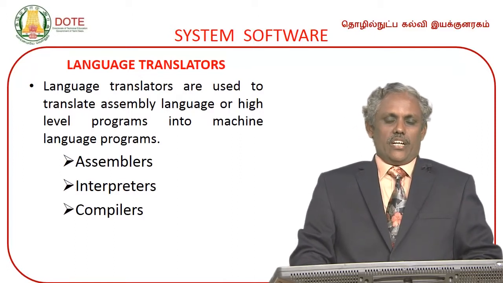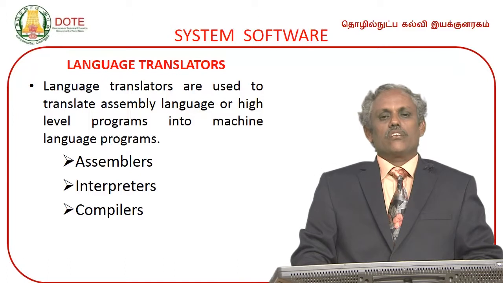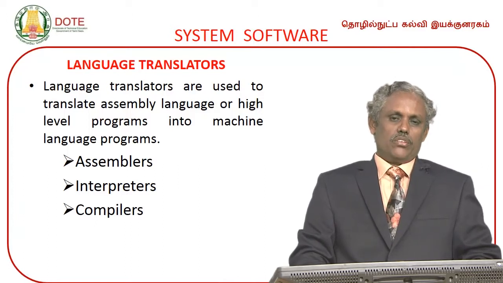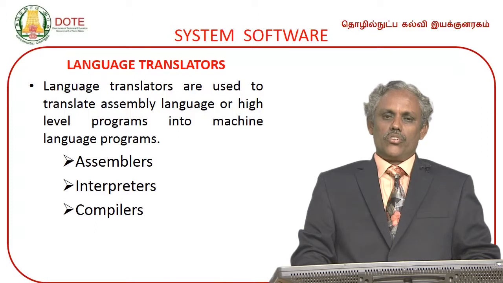Language translator is another software component which is system software, because these softwares are used for translating programs. That is why they are called language translators. They translate assembly language or high level language programs into machine language.